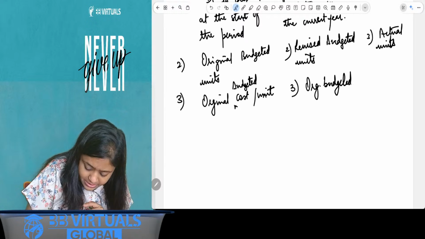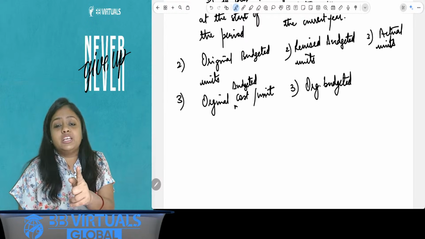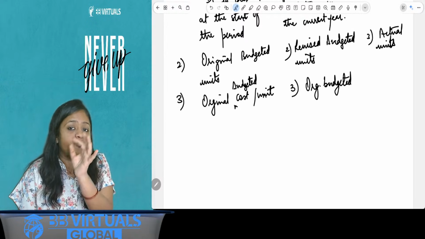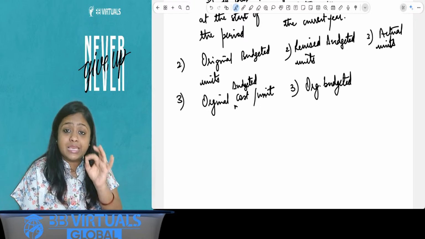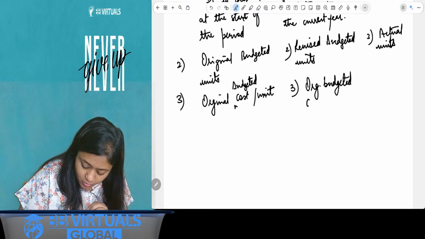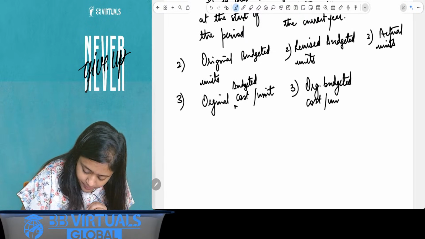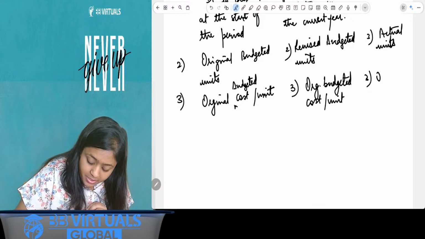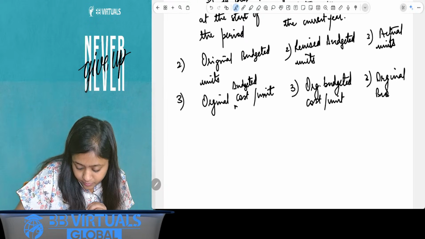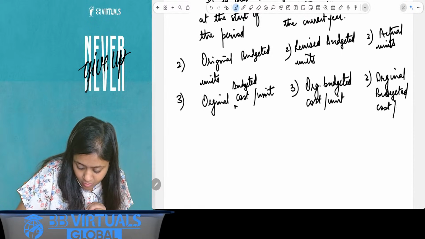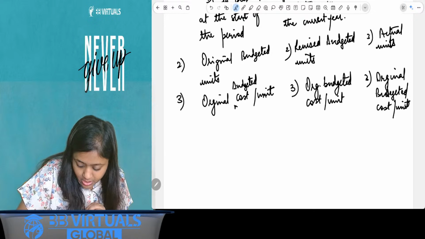But you will say, ma'am, it is a revised budget. In a revised budget, only units get changed. In a flex budget, only units get changed. But the cost per unit remains same as the original budget. So original budgeted cost per unit, and the same here, original budgeted cost per unit.